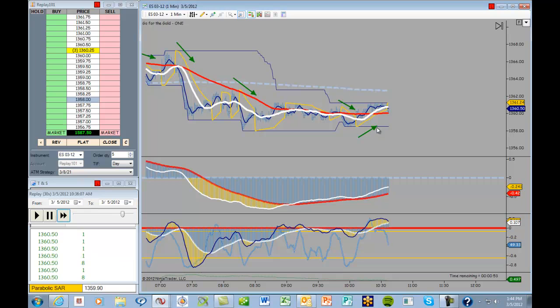Okay, stopped out. So this is going to be wave 1 or wave A, and we are now in 2 or B.